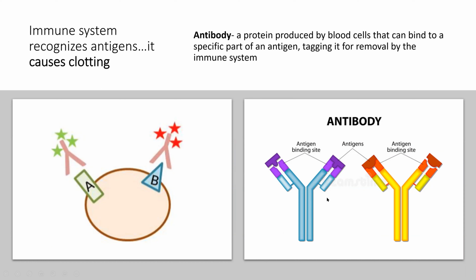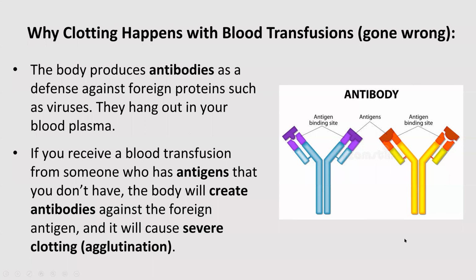So if you have A-type blood and someone comes in with B-type blood, these things would stick to that B sugar tag and tag it for removal. So the body produces these antibodies as a defense against the foreign proteins. In real life, they'd be in things like viruses or bacteria, and they hang out in your blood plasma.